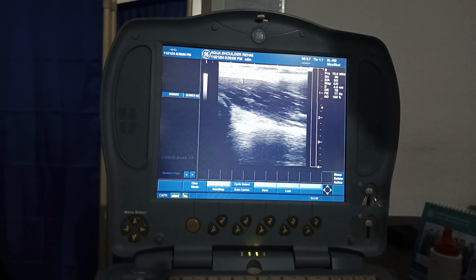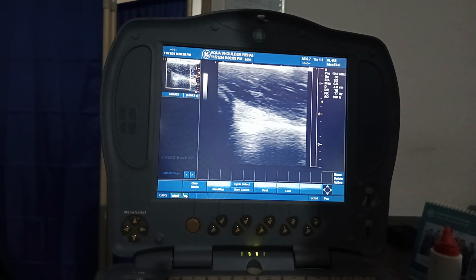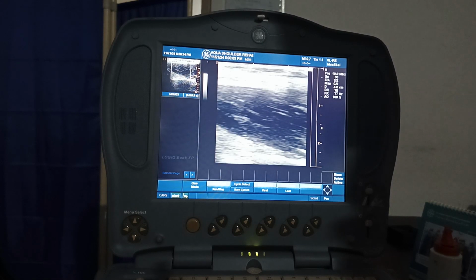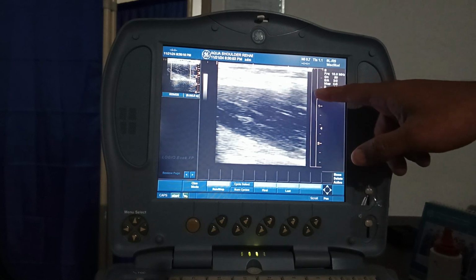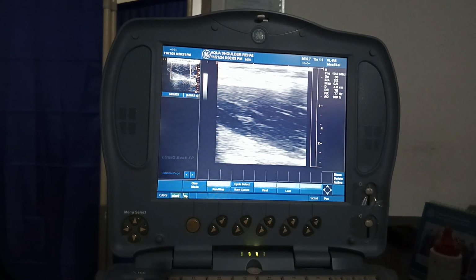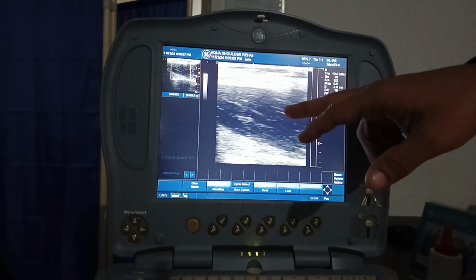If we can somehow zoom in, this is the tendon, and this is the muscle underneath, the brachioradialis. So this is the bicep and this is the brachioradialis belly.